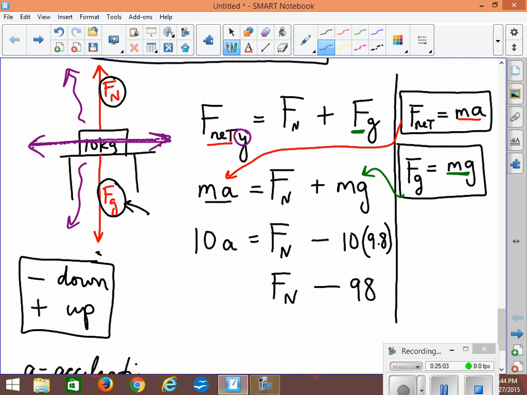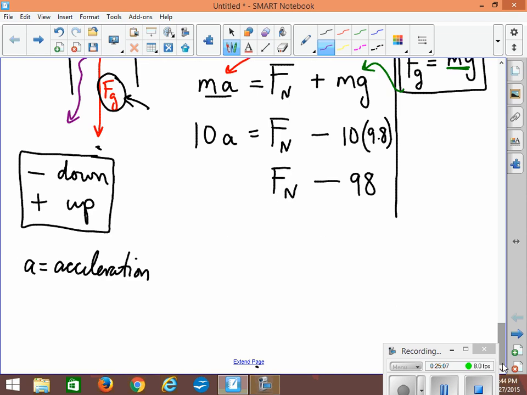So that means that there is no vertical motion. Okay? So, if there is no vertical motion, what does that tell us about the kind of acceleration we would get up and down?